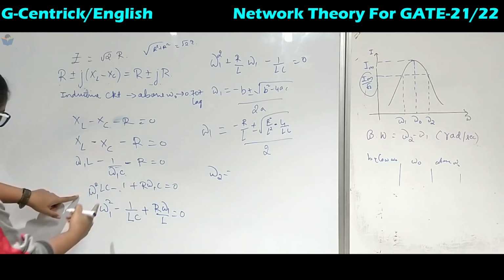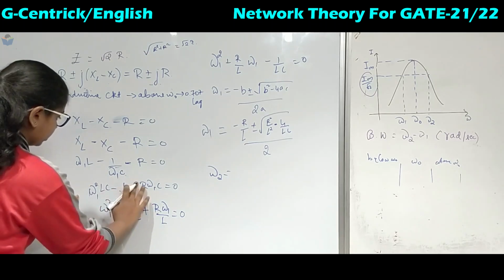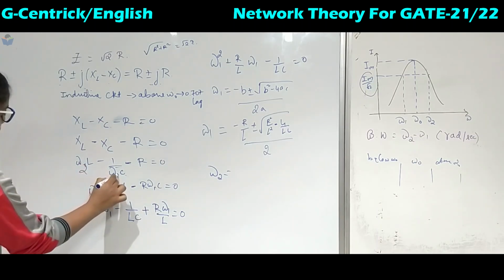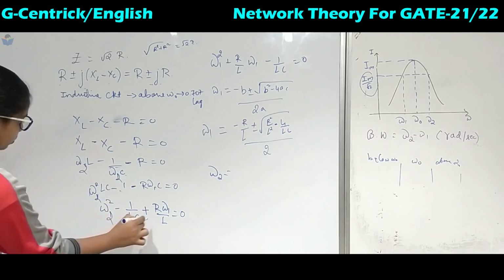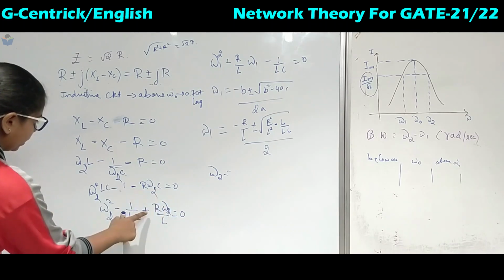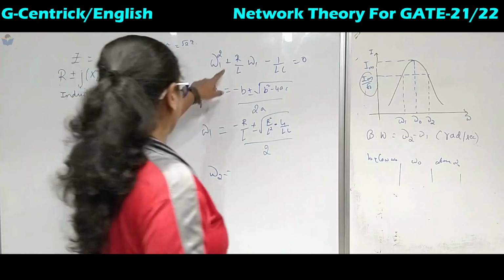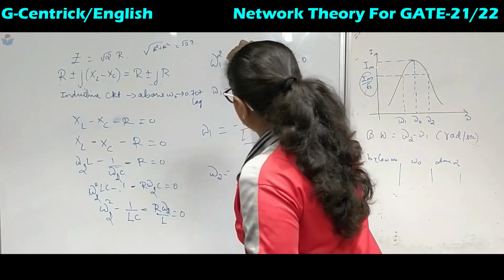Now what will happen here? It is also minus, minus. This will be minus. Then this will be omega 2, so everywhere it will be 2. And here also it is minus. So when it is minus here, then here also it will become minus.